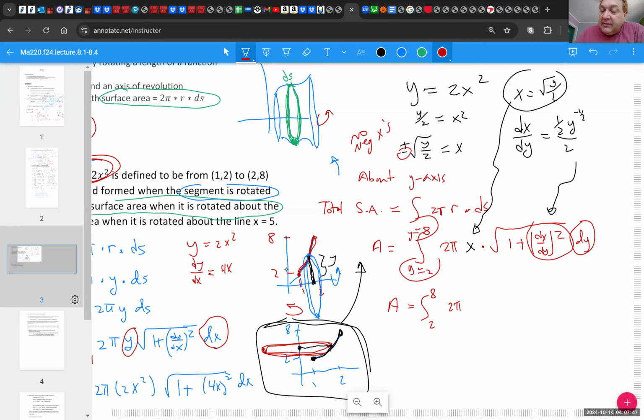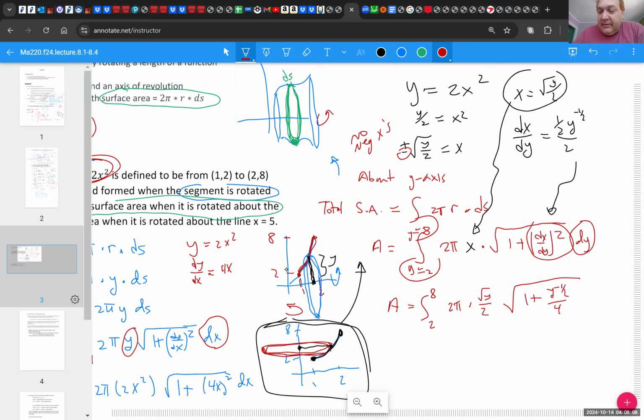So my area is 2 to 8, 2 pi x, where x has to be in terms of y. So that's square root of y over 2. And then I have the square root here of 1 plus dx dy, I'll just write it as y to the minus 1/2 over 4. I guess I could write the y to the minus 1/2 in the bottom.